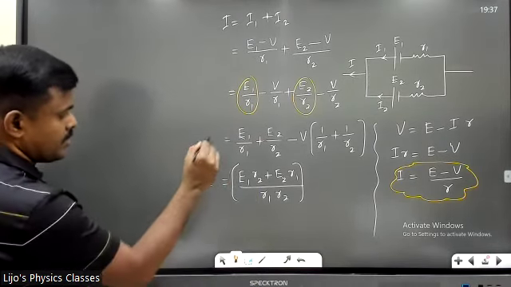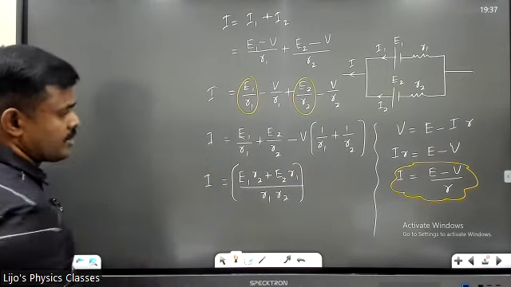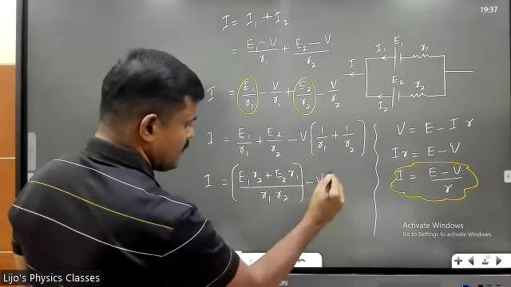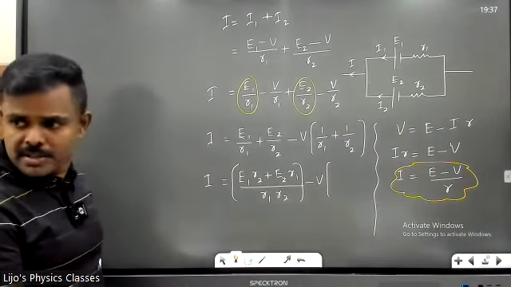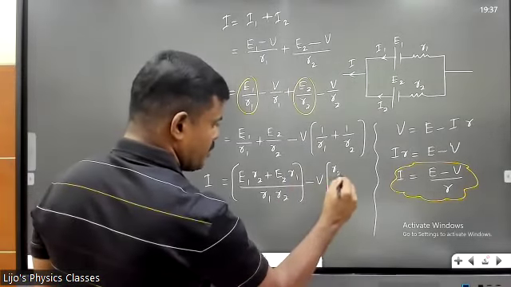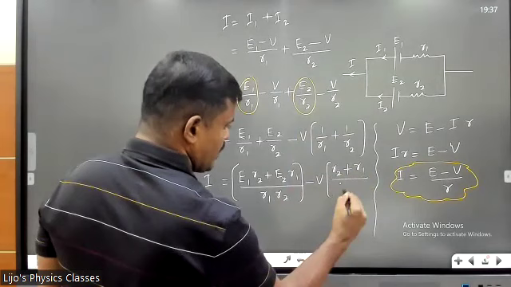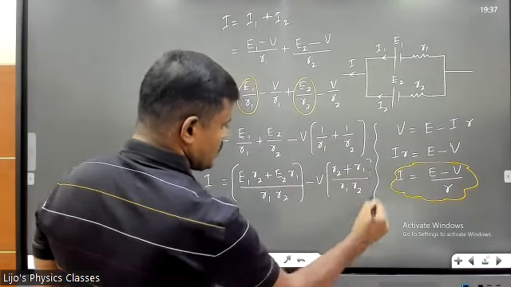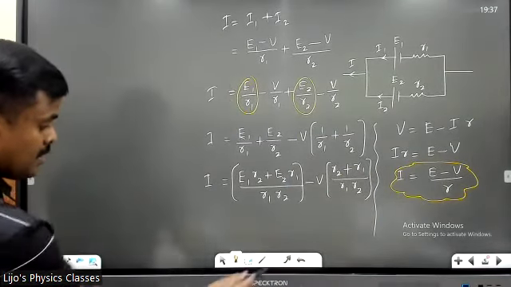I is equal to this minus V into, for the second term, the LCM, R2 plus R1 by R1 R2.